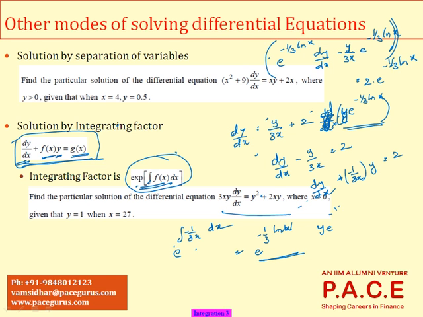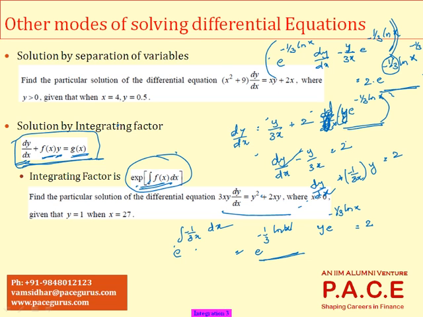y into e power minus 1 by 3 log x is equal to 2 into, first of all, e to the power of minus 1 by 3 log x. What is its value here? I can take it to the power minus 1 by 3, e power log x is nothing but x.